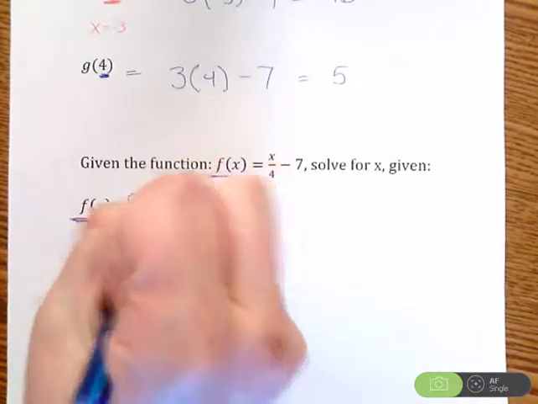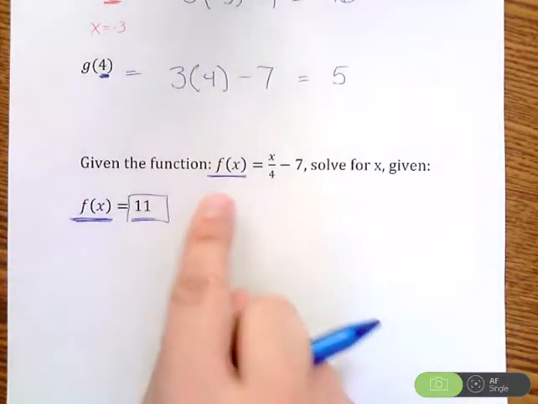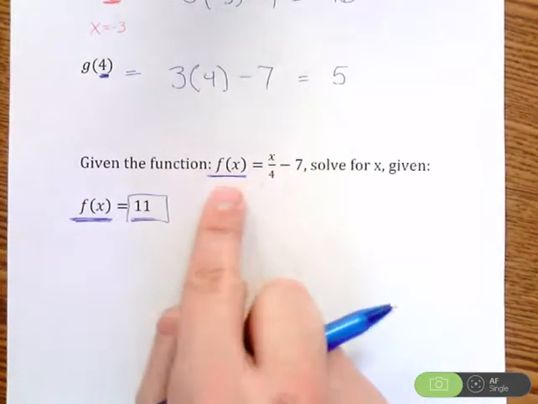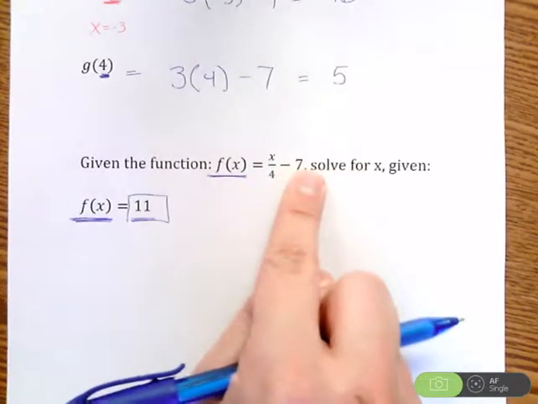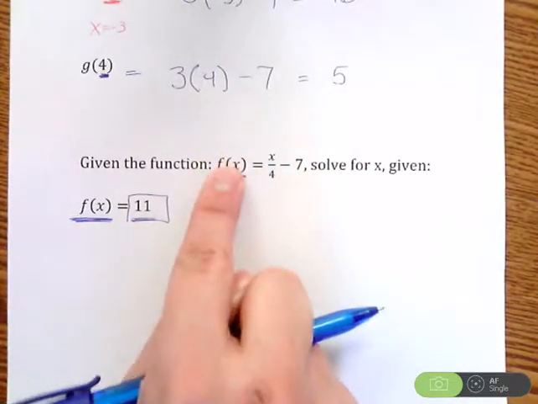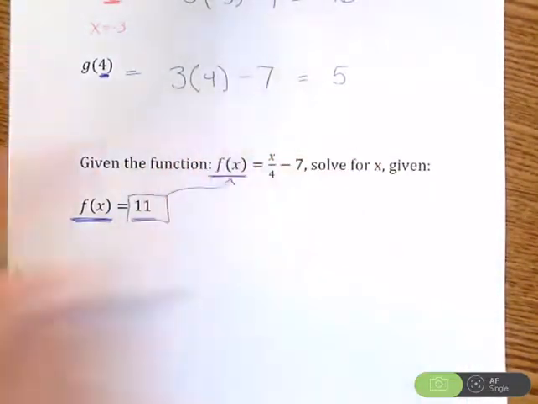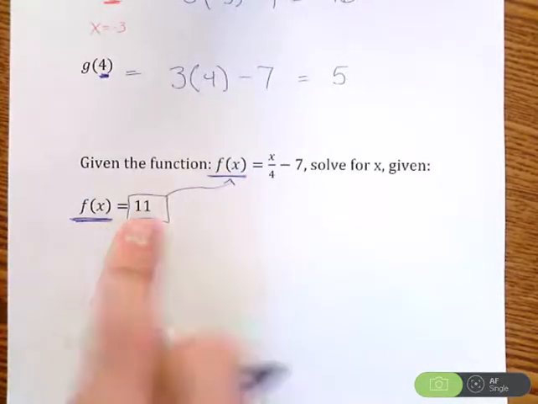So up here, I really have an equation with some pieces on the right side, some pieces on the left side. On the left side, I see that f of x. So I'm going to take that 11 and plug it in right there. I'm going to replace my f of x with 11.